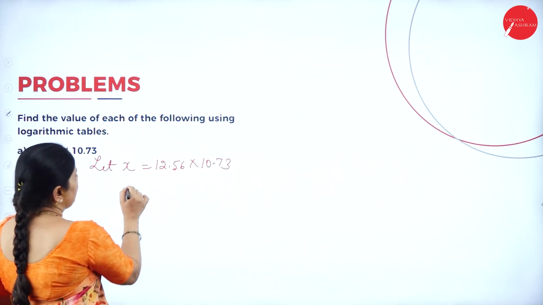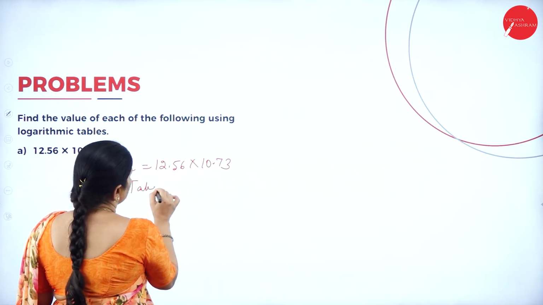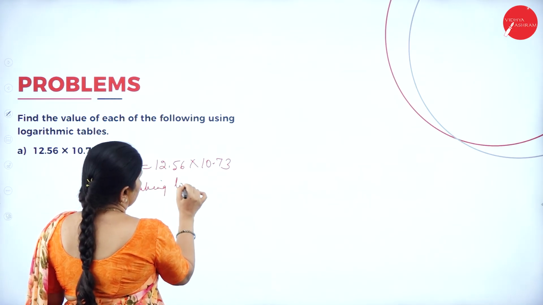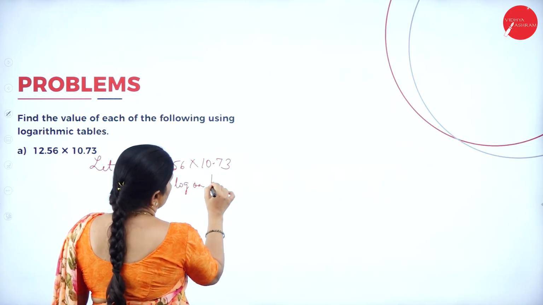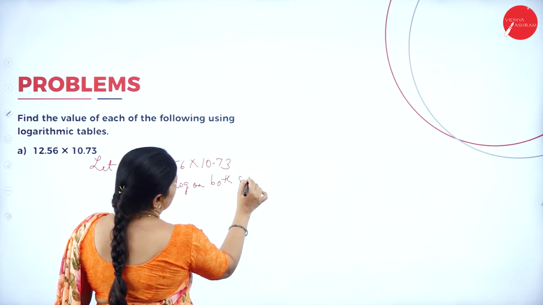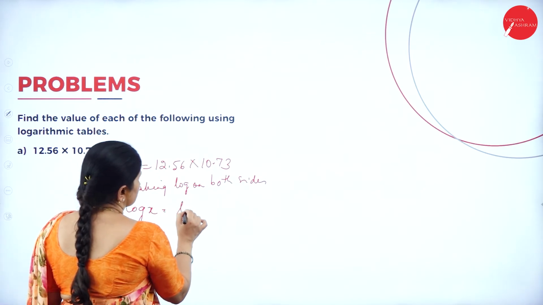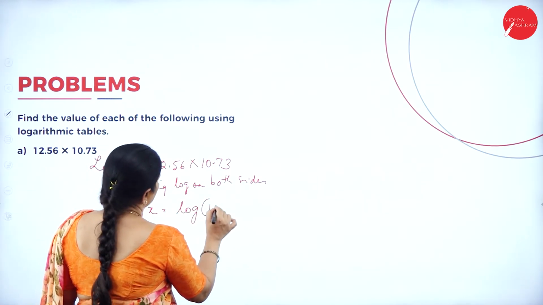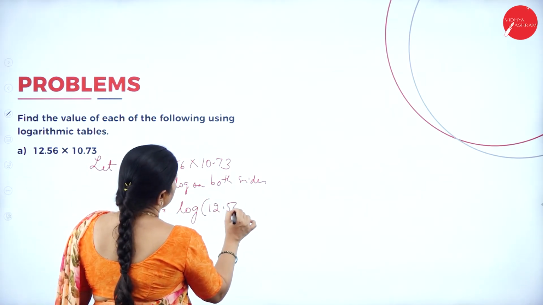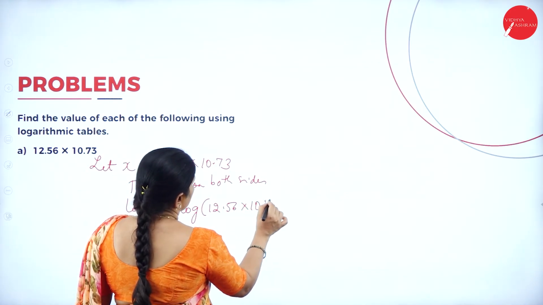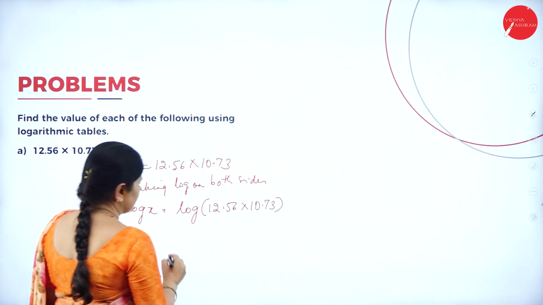Now, taking log on both sides, I get log x equals log of 12.56 into 10.73.